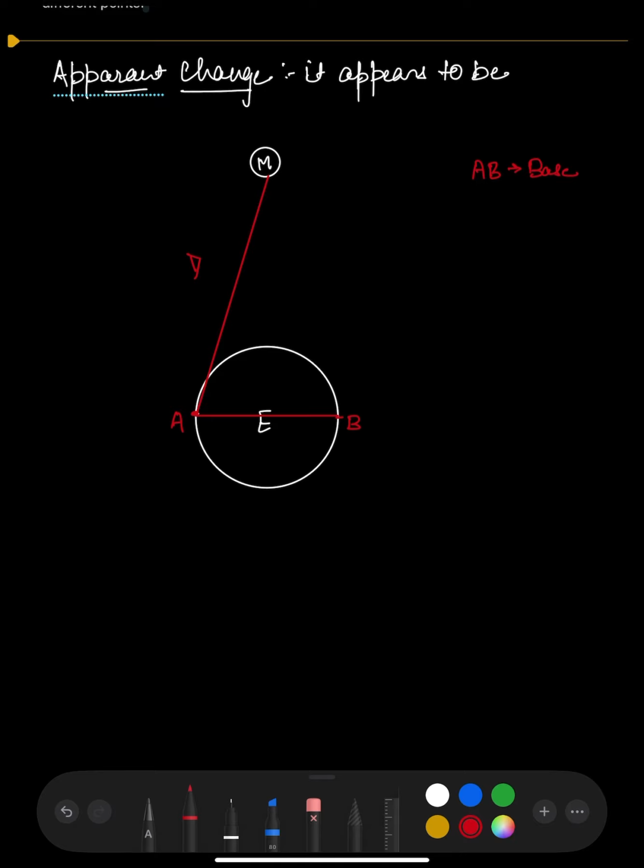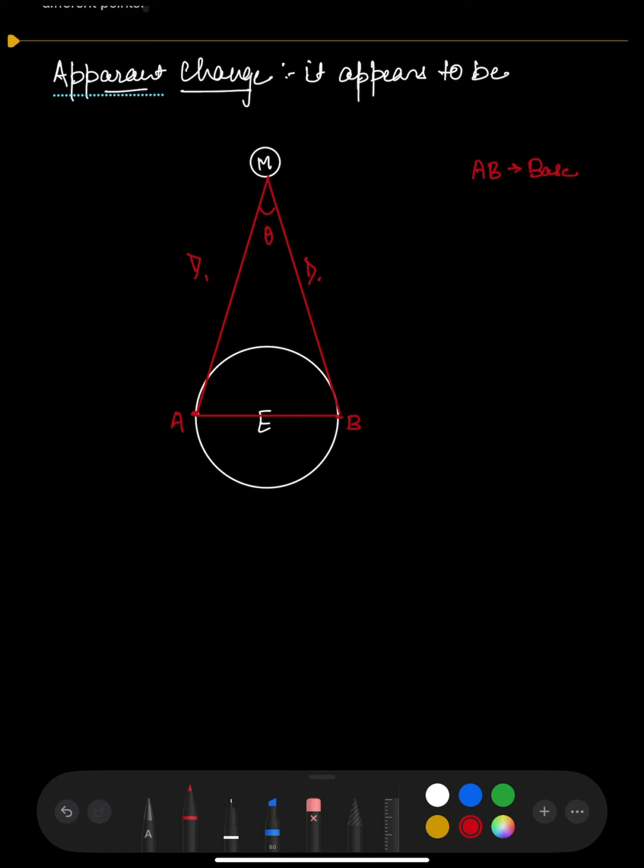Similarly, this will also be distance D. Why? Because the distance is so large, and the angle theta, let's say this is theta, is so small that I am going to neglect it, so both distances will be D. You cannot say this is D1 and D2.